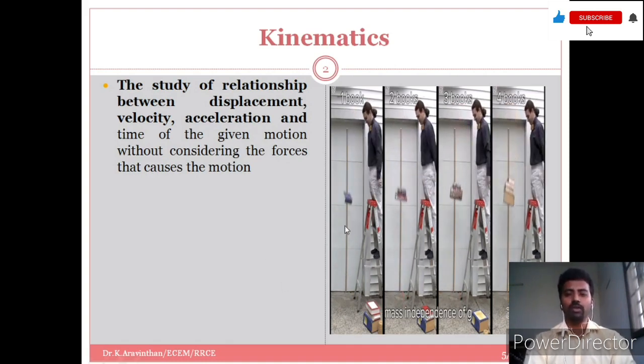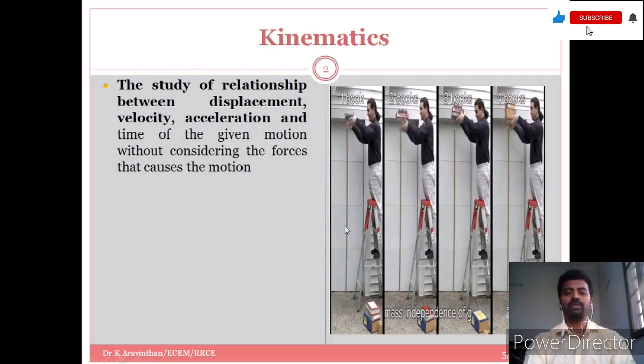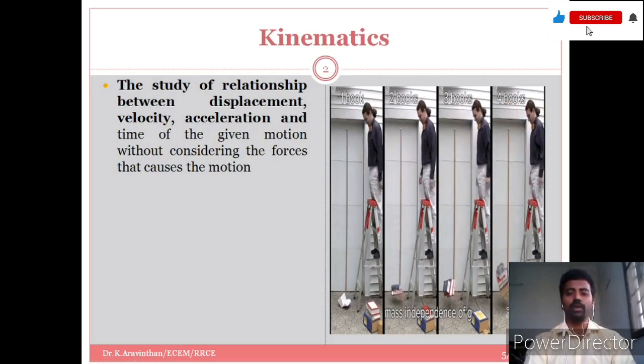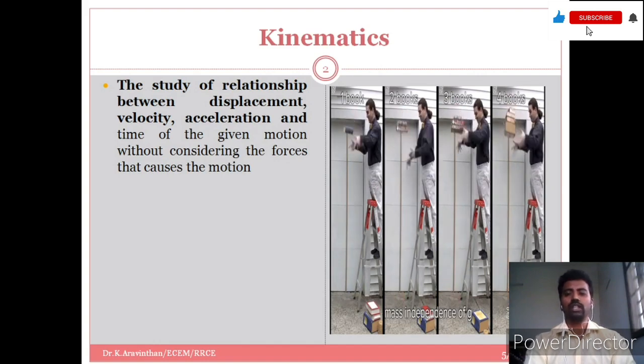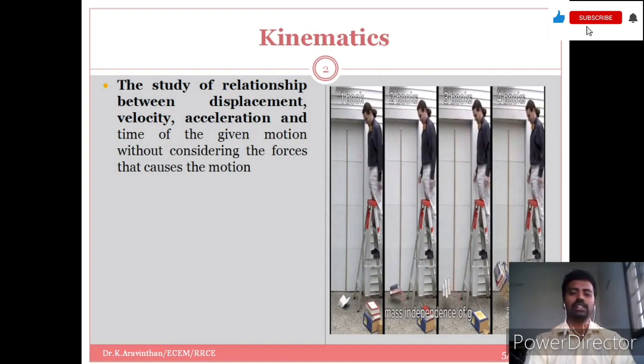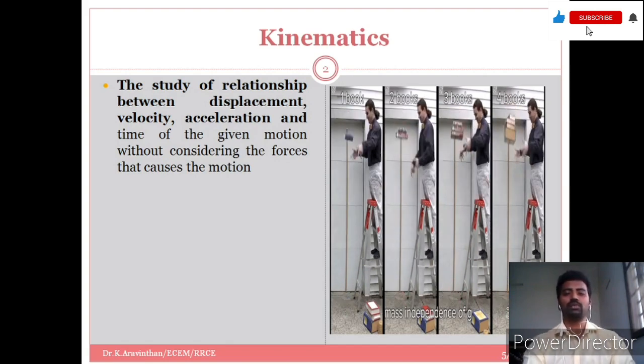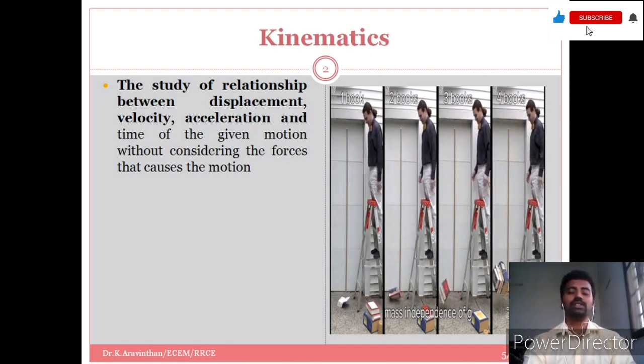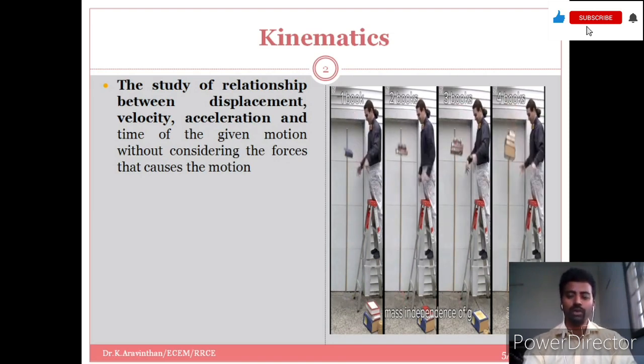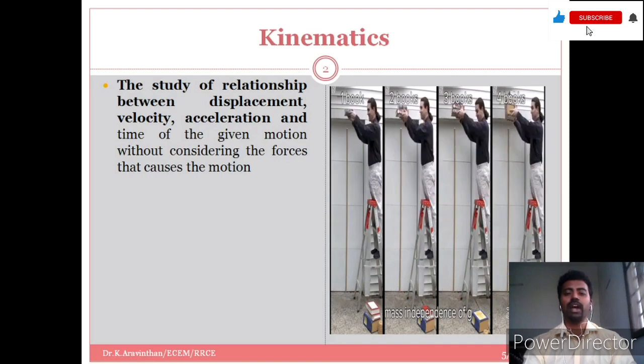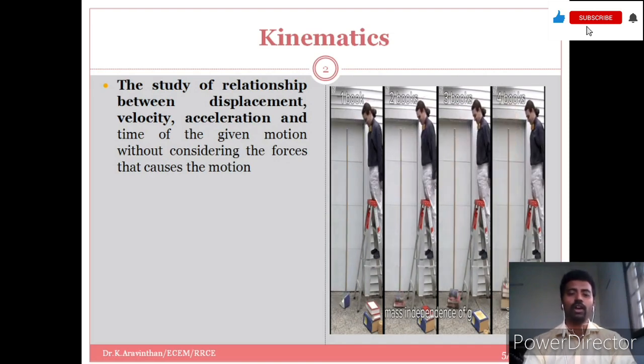If any object is under motion, definitely it will travel from one place to the other. If it is travelling from one place to the other, you will have a distance. So there are two concepts, distance and displacement, which we will discuss further. And if an object is moving from one place to another, definitely it will have a velocity or a speed.